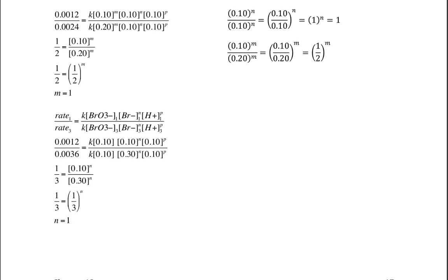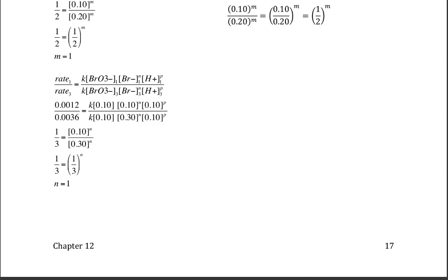Alrighty, so taking that data, we write out rate 1 over rate 3, and we put all of our numbers in. We see that a lot of stuff cancels out, and we are left with 1/3 equals 0.10 to the n over 0.30 to the n, which is 1/3 equals 1/3 to the n. We have n equals 1.